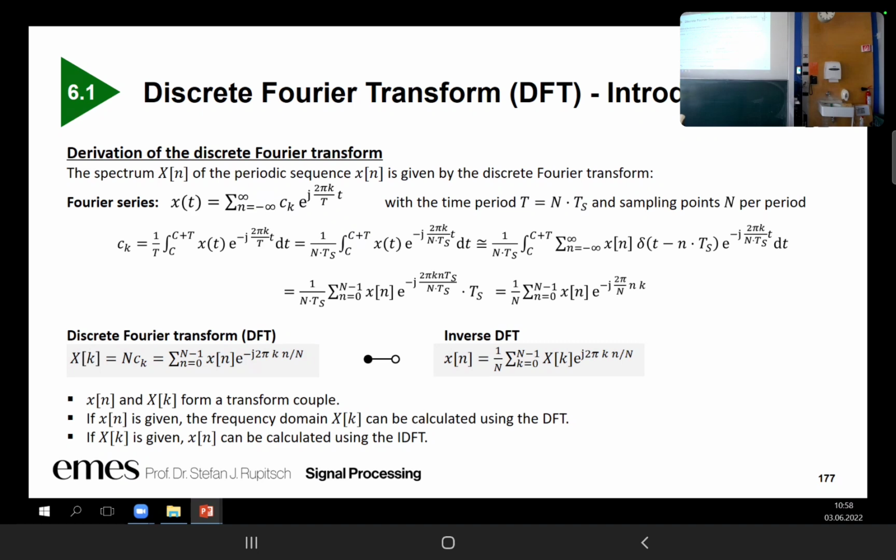If it is not periodic, then we cannot use the DFT in our original definition. Because if you remember from last week, in case of the DFT, the discrete Fourier transform, we always have to assume that our signal features some periodic behavior.